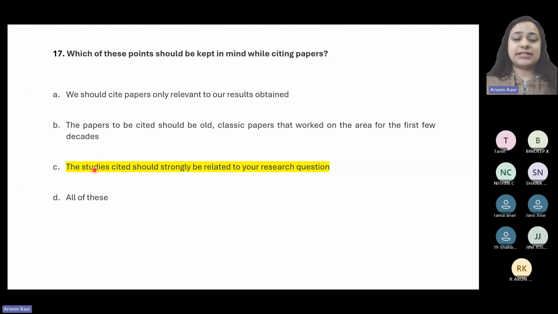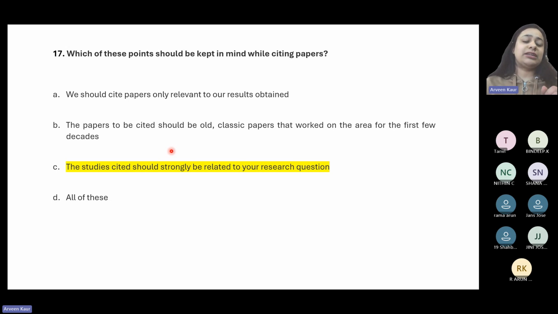That is, the studies that we are citing should be strongly related to the research question, right? Whether they are supporting the result that we have obtained or they are not supporting the result that we have obtained, right? Which is why A is incorrect. And generally the citations should be recent ones, right? People who are recently working on that area or that kind of work is being done by these people.